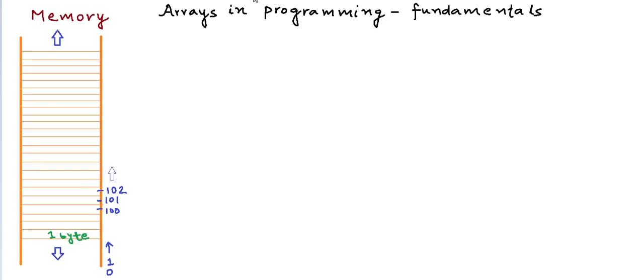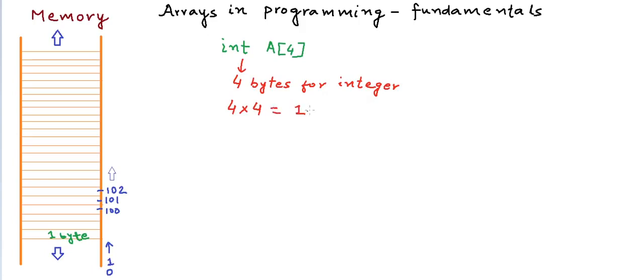And as we know, in C or C++ we can also have pointer variables that can store the address of another variable. Now when we define an array, something like an integer array, let's say for example of size 4, then if an integer typically takes 4 bytes of memory, then an array of 4 integers will take 16 bytes of memory.